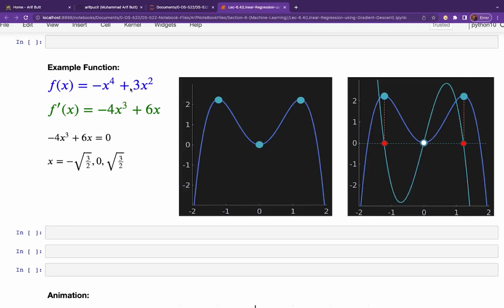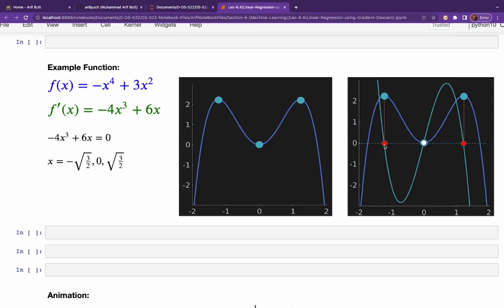The derivative of this function is mathematically given in this green expression, that is minus 4x cubed plus 6x. In this right graph, this derivative function is represented by this green line, along which I am moving my mouse. Further note that all the three extreme points are associated with a derivative of 0.